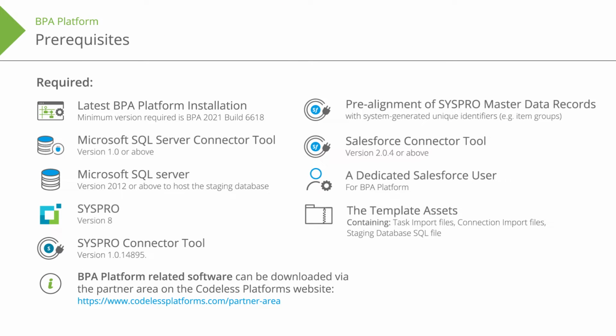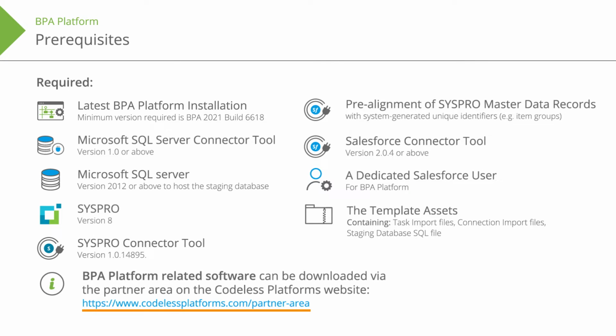You will require BPA Platform 2021, the Microsoft SQL Server Connector tool, Microsoft SQL Server 2012 or above, available to host the staging database, SYSPRO version 8, pre-alignment of SYSPRO master data records with system-generated unique identifiers, the Salesforce Connector tool, the SYSPRO Connector tool, and a dedicated Salesforce user for BPA Platform.